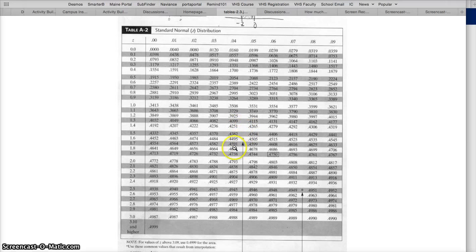And okay, seeing some 45s. 45.91. I want to get close to 45 as possible. Here we are, 45.05. Now this is the same closeness, but we have to be in the 95s. So I'm looking for this one here, 0.4505. That corresponds to a z-score of 1.65.